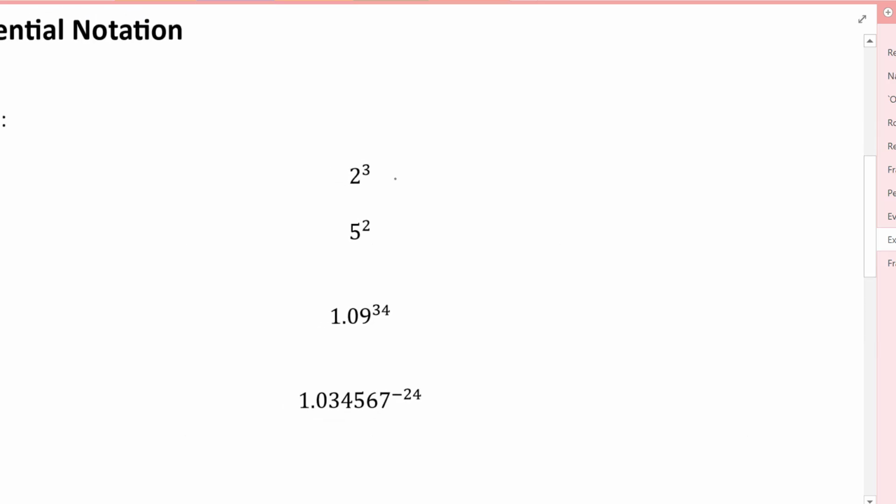Well, I hope you can do this mentally: 2 to the third is 2 times 2 times 2, which is 8. 5 to the second is 5 times 5, which is 25. As you can see, I am repeating the base as many times as the exponent tells me. Here I did it 3 times, and here I did it 2 times. Because we are used to this, we can calculate them mentally.